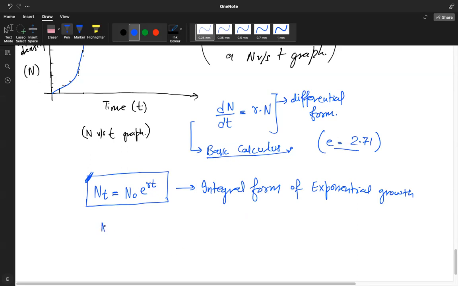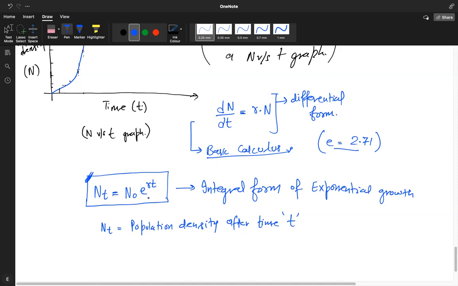So let me write it for you. What is Nt? Nt is the population density after time t. So you want to figure out what will happen after 2 years. So Nt here will be what happened after 2 years.